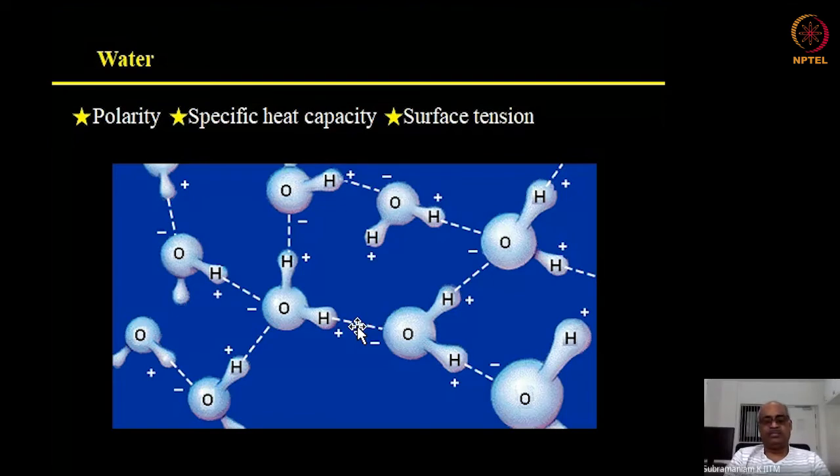In a coastal place like Chennai, you have very little variation from summer to winter or daytime to nighttime, and that is because much of the heat is taken by the water, which is 70% of the ocean, and the coastal areas are closer to the ocean. So due to this, the temperature variation is maintained in a narrow range. If it weren't, life would not be able to exist. Okay.